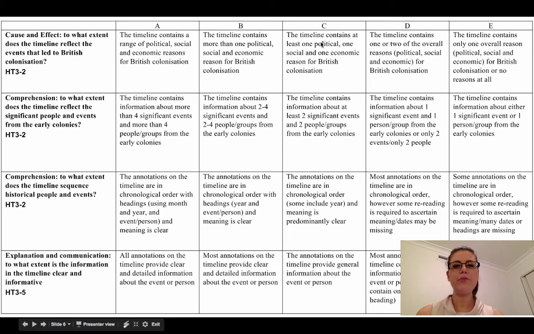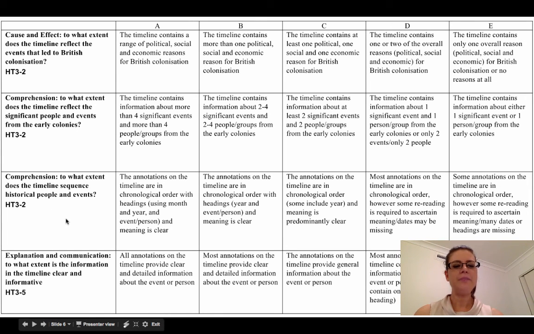And you can see from the rubric here words like political reasons, social reasons, economic reasons. Your timeline will be assessed in terms of how well or how much does it tell us about significant or important people and events from the early colonies. How many of those have you included and how well have you explained them?